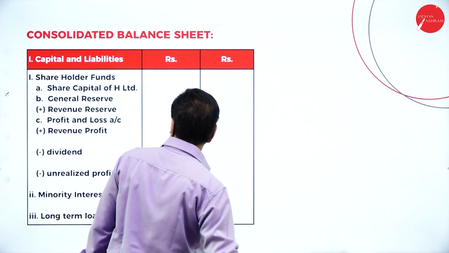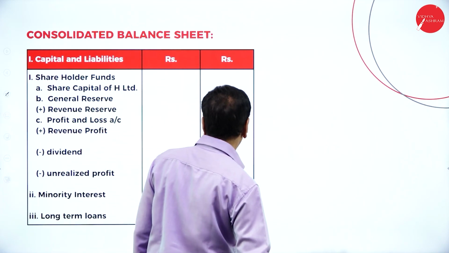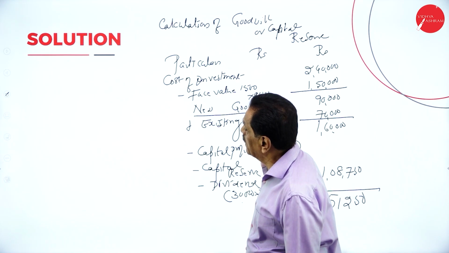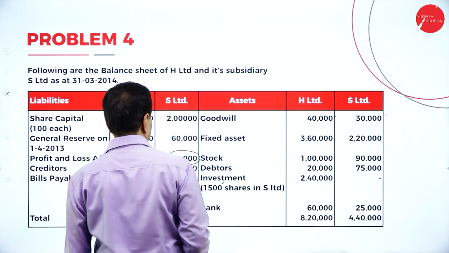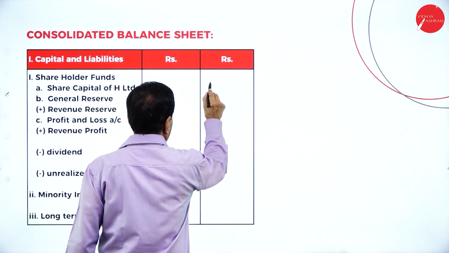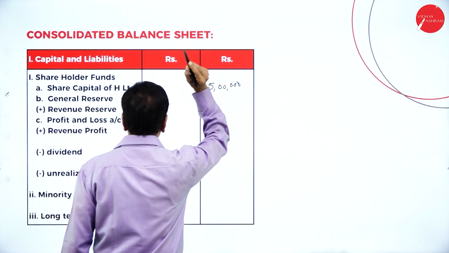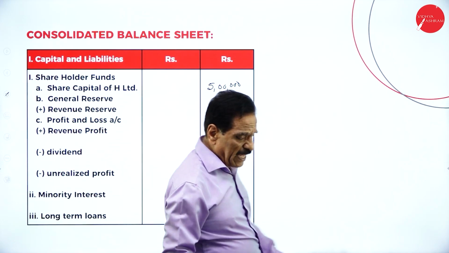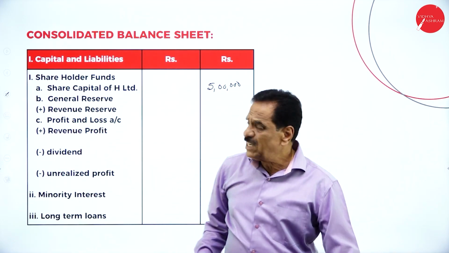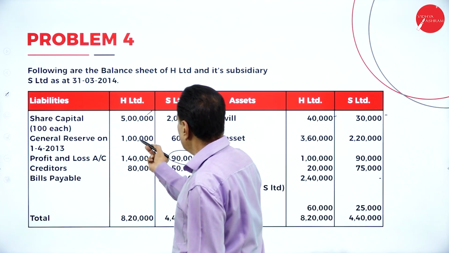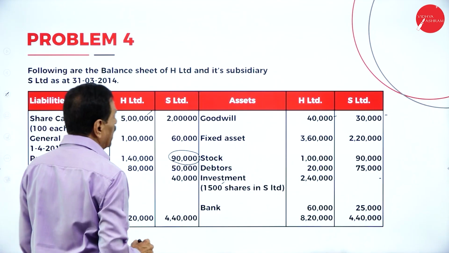Shareholders' funds. Share capital of H Limited. See the board. What is the share capital of H Limited? 5 lakh is there. This is the share capital of H Limited. Then we'll go with the general reserve. What is the general reserve you got? Here, 1/4. So the entire reserve on 1/4 is a capital reserve.